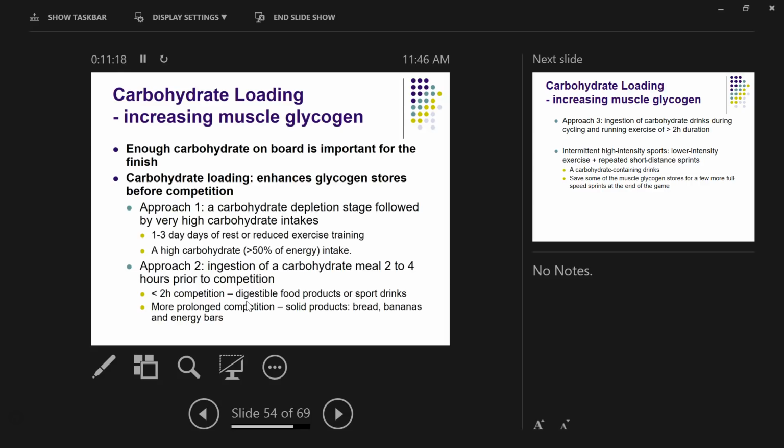If the game lasts less than 2 hours, you can give them a digestible carbohydrate food, for example, sports drinks or something, so they can immediately get the carbohydrate into the body, right? And if the game lasts longer than 2 hours, then you can usually give them solid products: bread, bananas, energy bars. Because you have a little bit more time to get carbohydrate into the muscle.